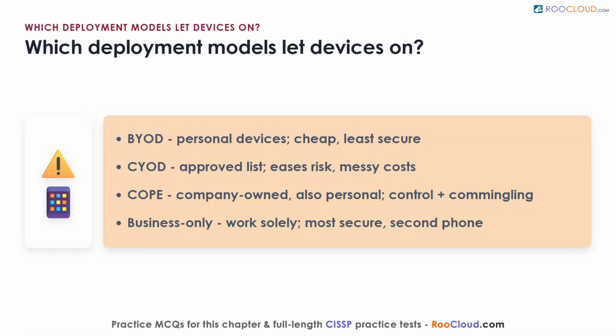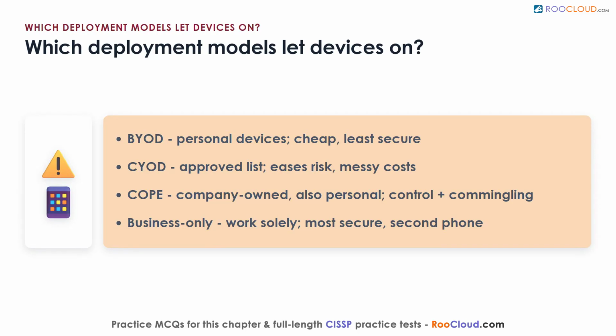Which deployment models let devices onto your network? There are 4 common ones, and they trade cost against control. In bring your own device, employees use their personal phones, which is cheap and popular, but the least secure, since the organization has little control and mixes company and personal data. Choose your own device narrows that to an approved list, easing some risk but raising messy questions about who pays.